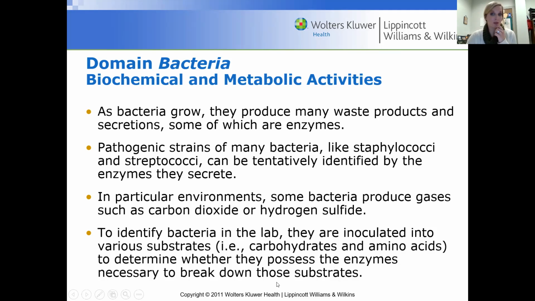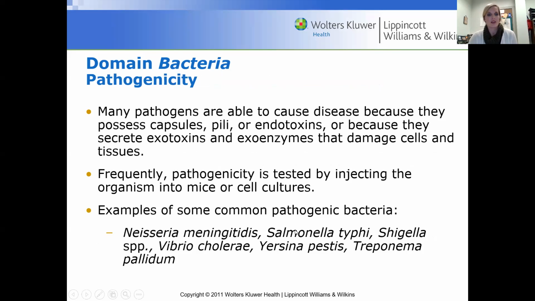Remember, enzymes we talked about in anatomy, enzymes that human beings possess, we have lots of different kinds, but for example, like lipase in our saliva helps to break down carbohydrates in our mouth right away. So again, very similar. If a bacteria can break down carbohydrates, they probably possess that particular type of enzyme. So again, this is helping us to identify the different type of bacteria.